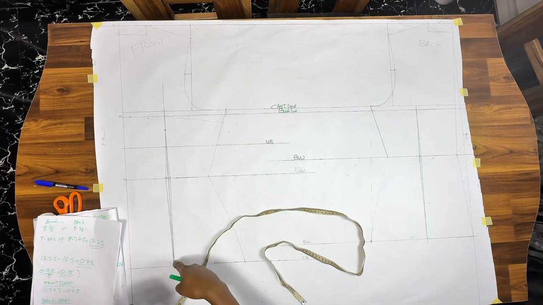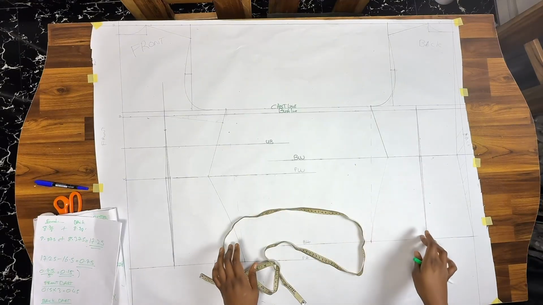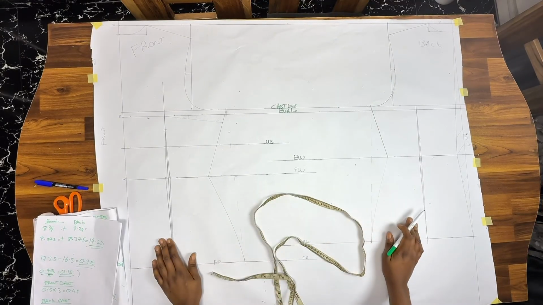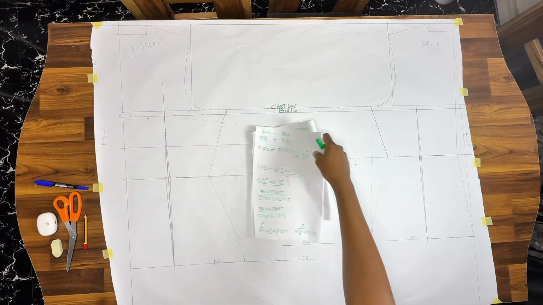Then I drew my darts down to the hip. So this is our basic bodice. Let me recap again.